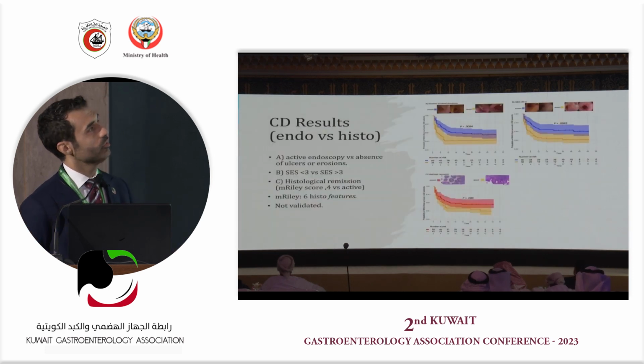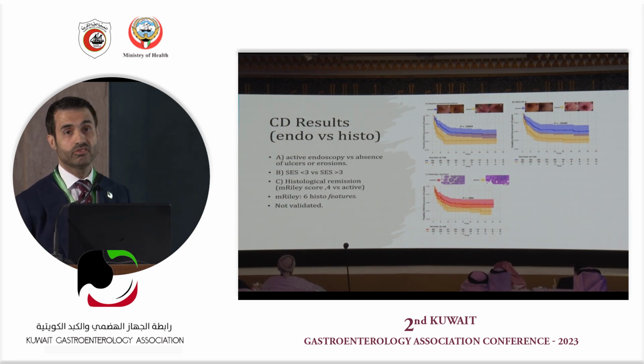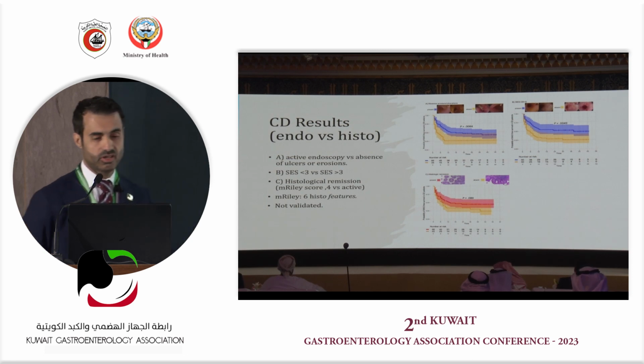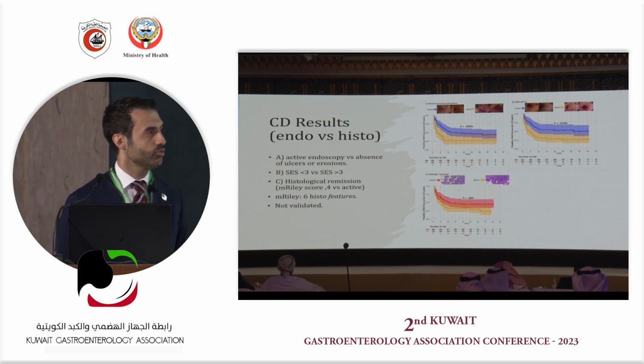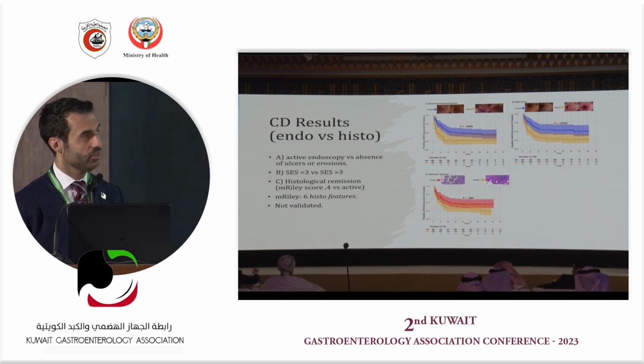Then we'll go to Crohn's disease. They showed that patients with a CDEIS less than 3 versus more than 3, as you can see in A and B, were less likely to have an outcome. However, histological remission was not statistically significant. In the last figure down there, they used the modified Riley score, a 6-point histological score that is not really validated, and similar to our data, in Crohn's disease this is still not a good target.